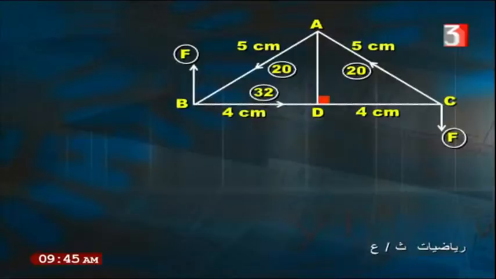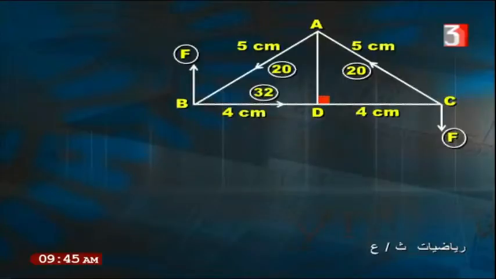What is the moment of the couple? My dear student, the moment of the couple equals twice the area of the triangle times K. What is K? It is the ratio, in this case equal to 4.